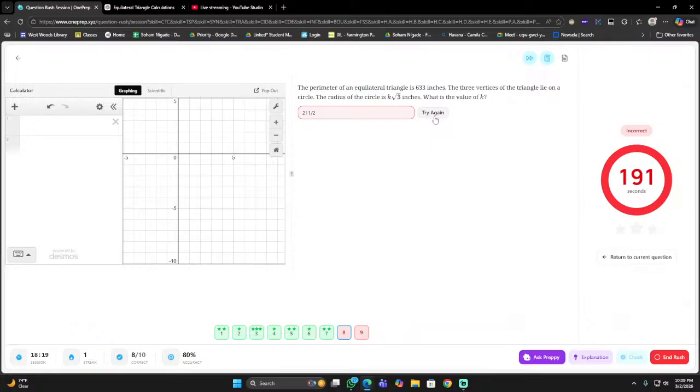The perimeter is 6√3. So inside is 2 and 1. K over 3. That's the radius.